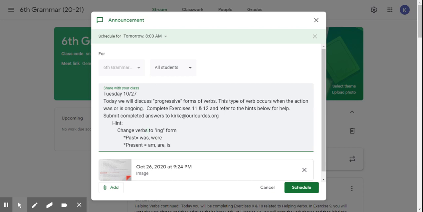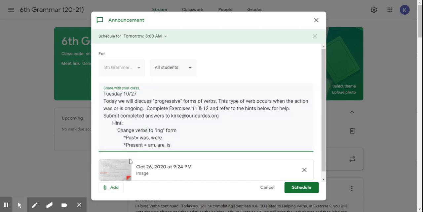Okay, so to give you an example, if you were going to say, I threw the ball, in order to change it to a progressive form, first of all, you have to change throw to throwing, and then you have to kind of backwards engineer this thing. You need to kind of reverse the process and read any sentence to yourself and think, okay, would it be was something ing, were something ing, am, are, or is? Okay, because those are your options.